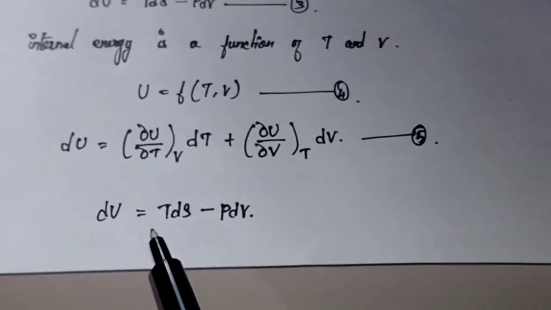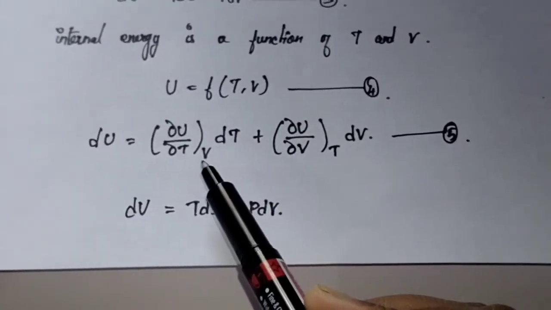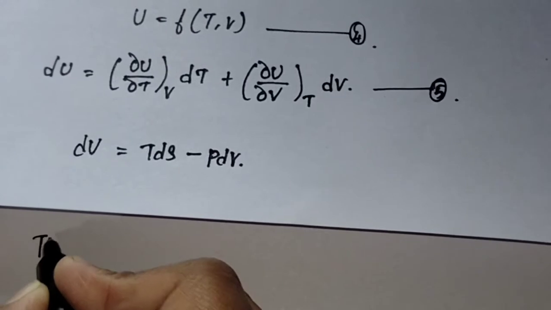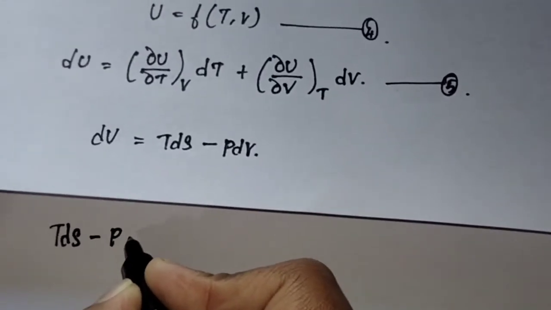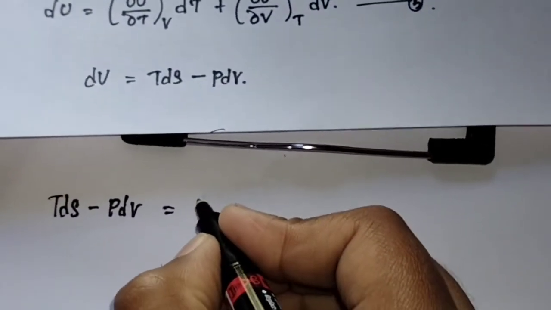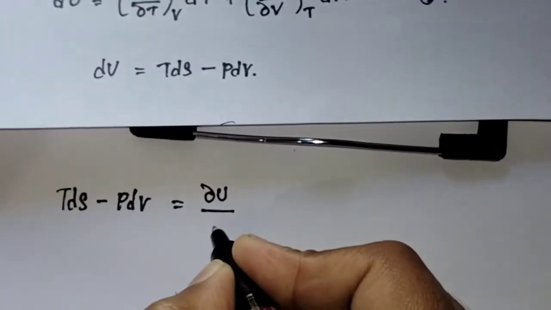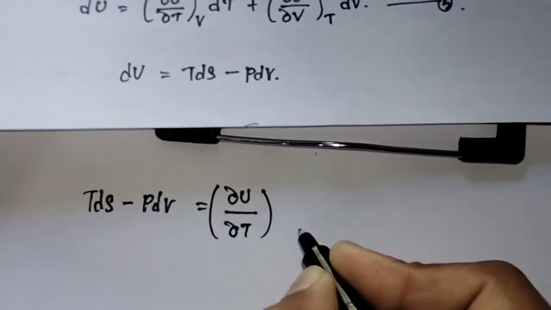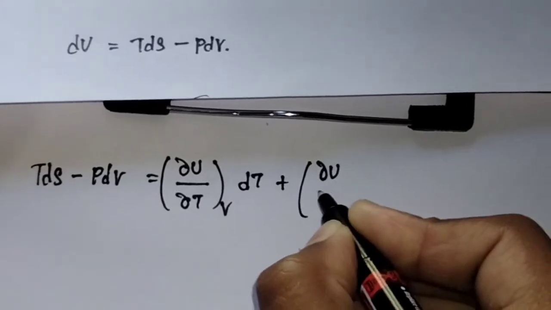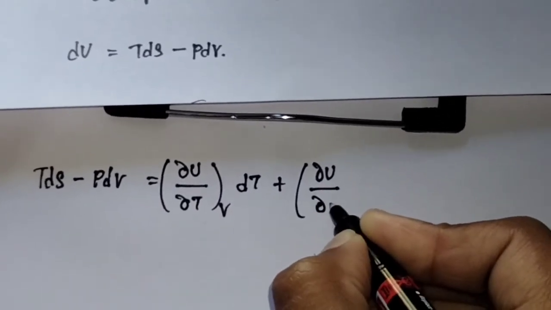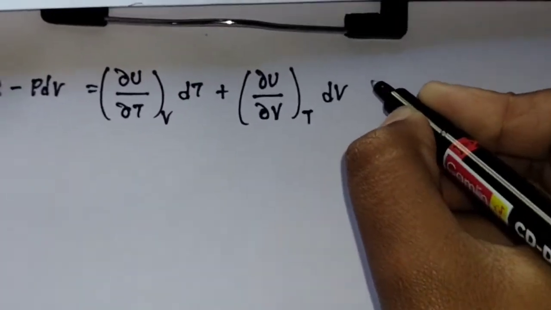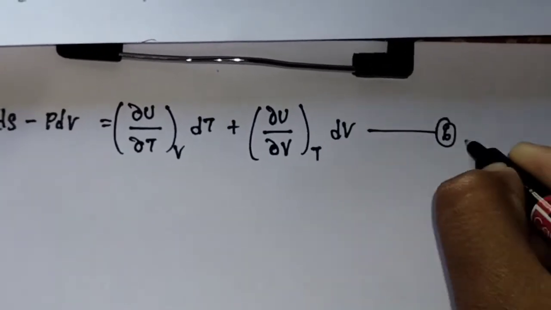Now substituting the value of dU in this equation, equation 5 will become T dS minus P dV is equal to the differentiation of U with respect to T at constant volume into dT plus the differentiation of U with respect to volume at constant temperature into dV. So take this as equation number 6.